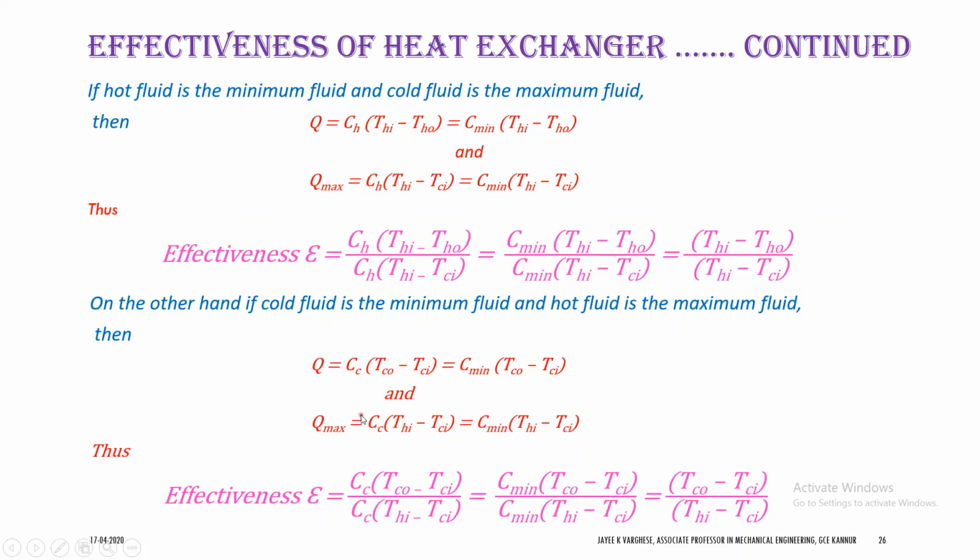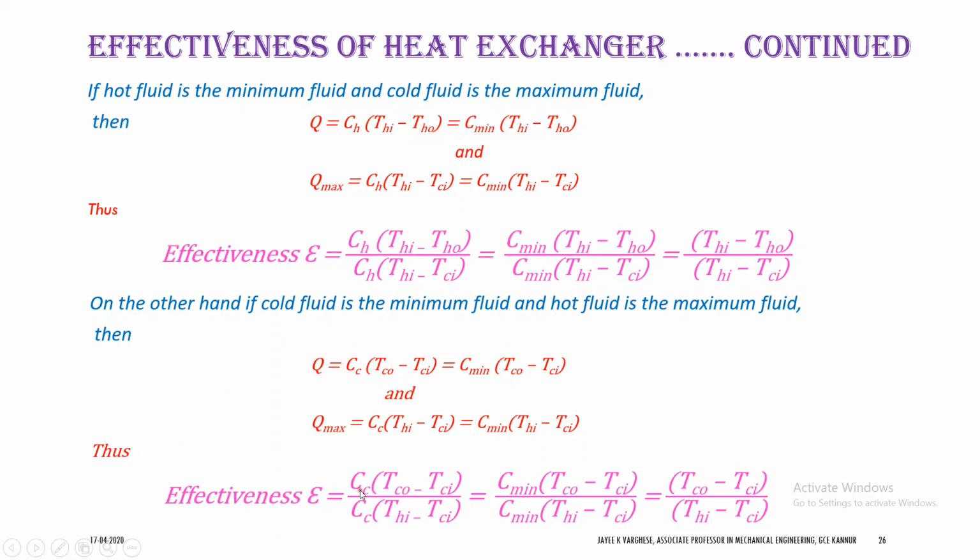Then effectiveness is the actual heat transfer divided by the maximum possible heat transfer. We write the actual heat transfer in terms of the minimum fluid properties, for convenience only.